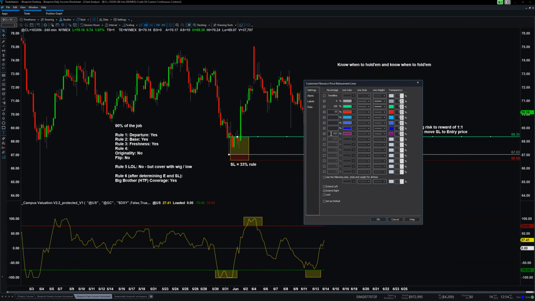So what I know is that my risk goes from 100 to -33. So in terms of percentages, my risk is 133%.